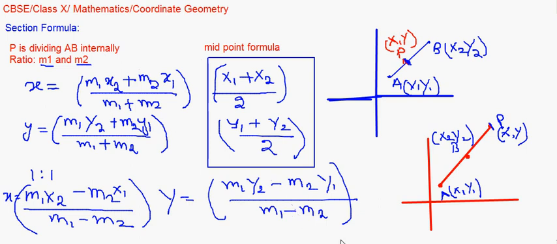So these are the 3 formulas we will be taking up in the next couple of questions. Let us take up a first simple question which can directly apply the section formula. Let me just write down the question here.